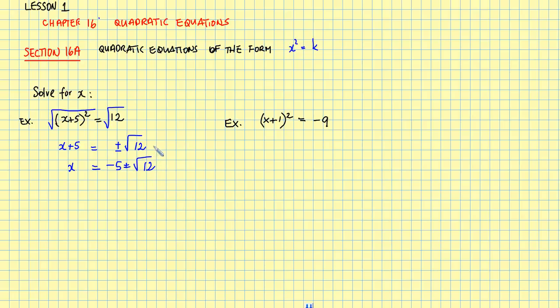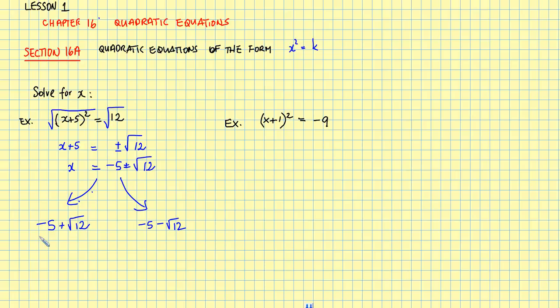This would come out to be a decimal number, so x would be either one or the other. If we want to put this as a decimal, we would have negative 5 plus root 12, and the other alternative would be negative 5 minus root 12, because remember, we were looking at both the positive and negative version of this.